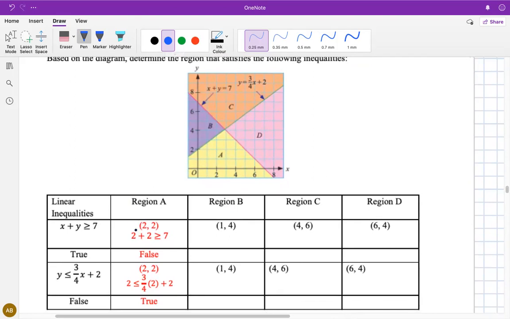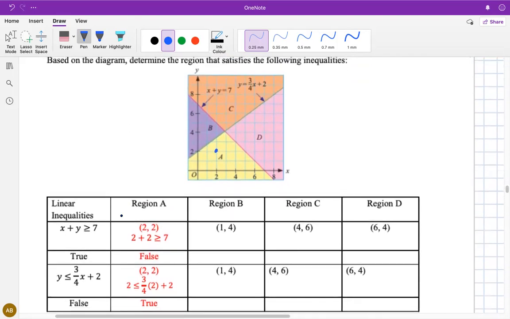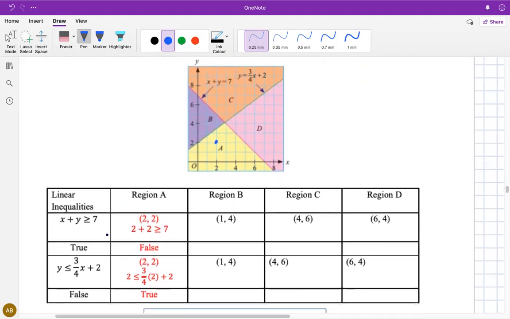Okay, this is an example, point 22. We want to determine whether the region A satisfies the inequalities x plus y greater than or equal to 7, and y less than or equal to 3 over 4 x plus 2.